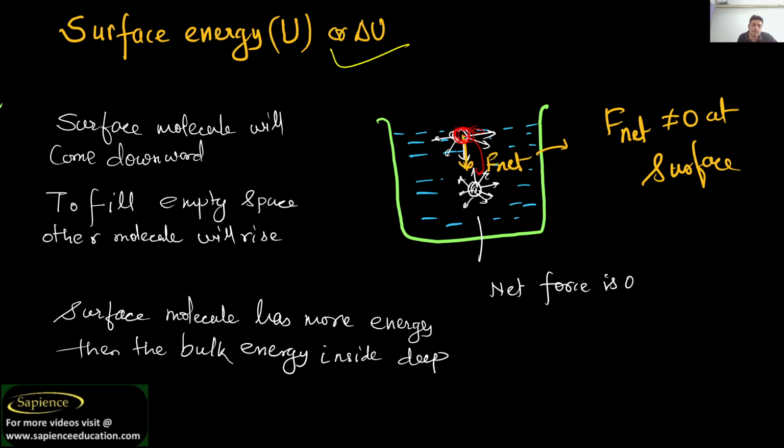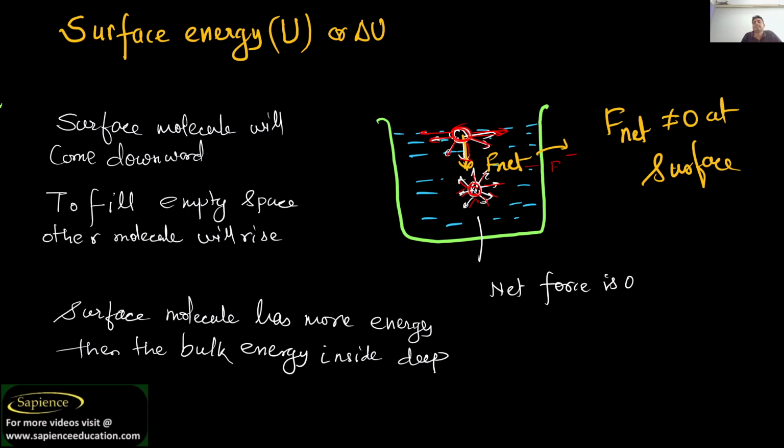Before that, let us try to understand what is actually happening, which type of force is acting. See here, inside this bubble, in every direction equal forces are acting, and due to this the net force is zero, okay. But when we talk about the drops at the surface, in this direction force is there, in this direction force is there, in this direction force is there, and above there is no force, so it means that there is a net force, and that net force comes under surface tension only.